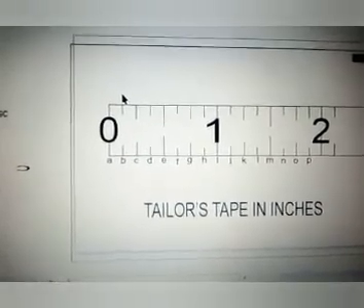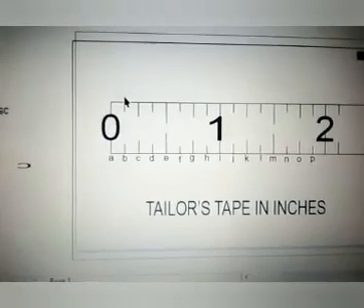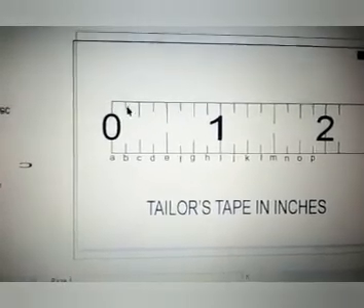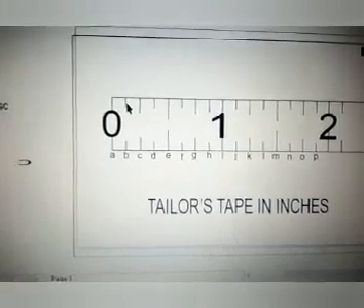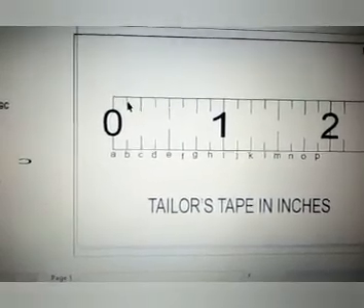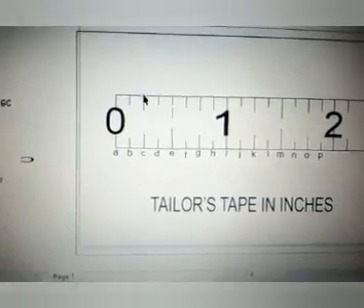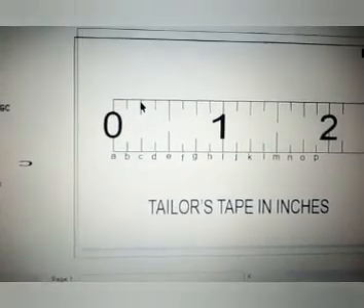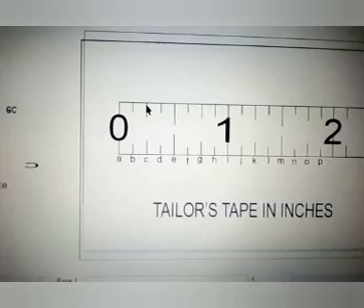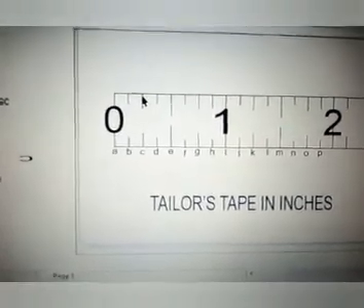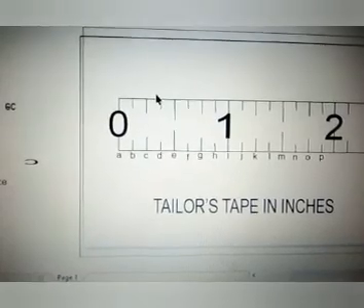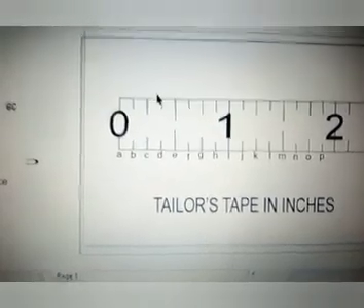So whenever you see 0.125, it means the first line after 0. Then the next one also is an addition of 0.125. The other one too is an addition of 0.125.